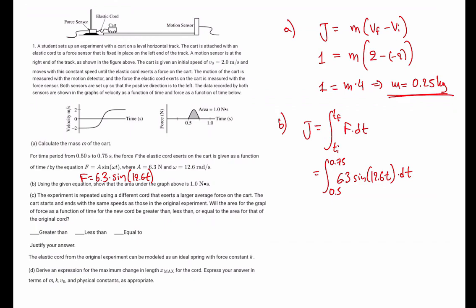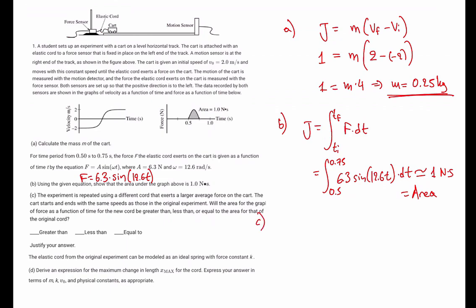The calculator will take some time, but I'm sure it will give a value close to 1. Indeed, 0.9997, so approximately equal to 1 Newton times second, and this is equal to the area, since the impulse is also equal to the area under this graph.